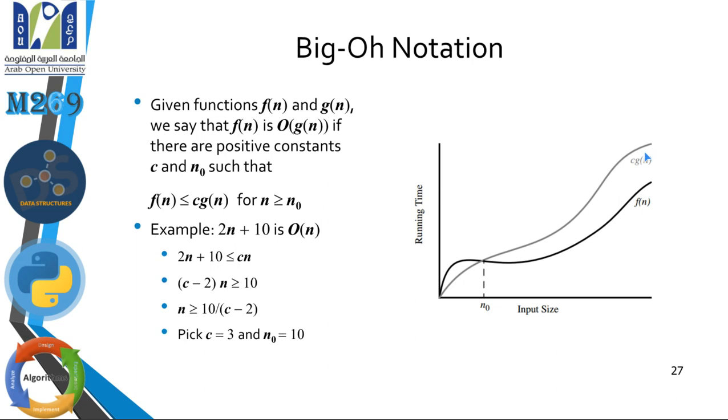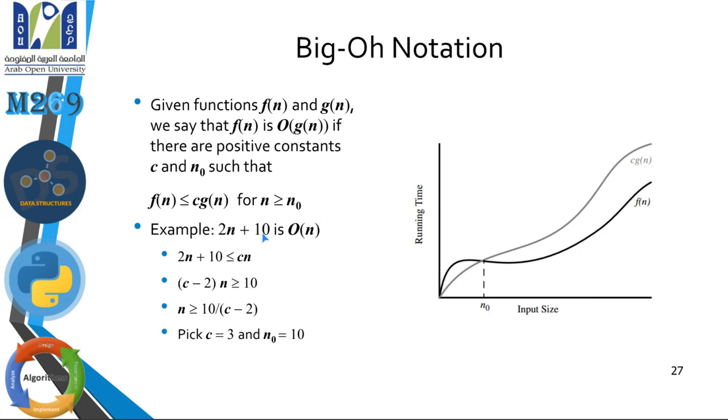This is an example. If you have a function which takes 2n plus 10, later we will go into more detail on how to find this. Now just consider the example at this level. In 2n plus 10 we have the 2 and we have the 10.